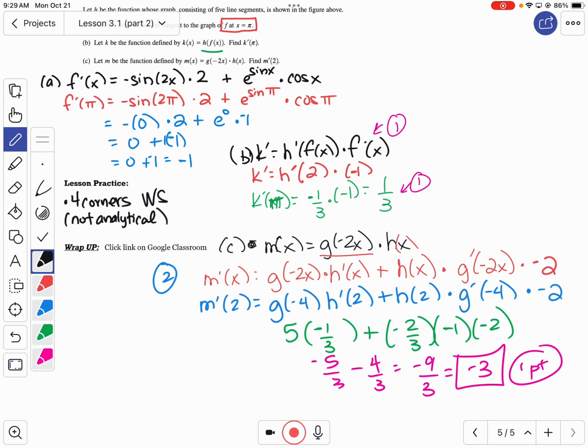The page number is pages 166 to 168, and these are problems 62, 64, most of them are mostly tables, 78, 79.